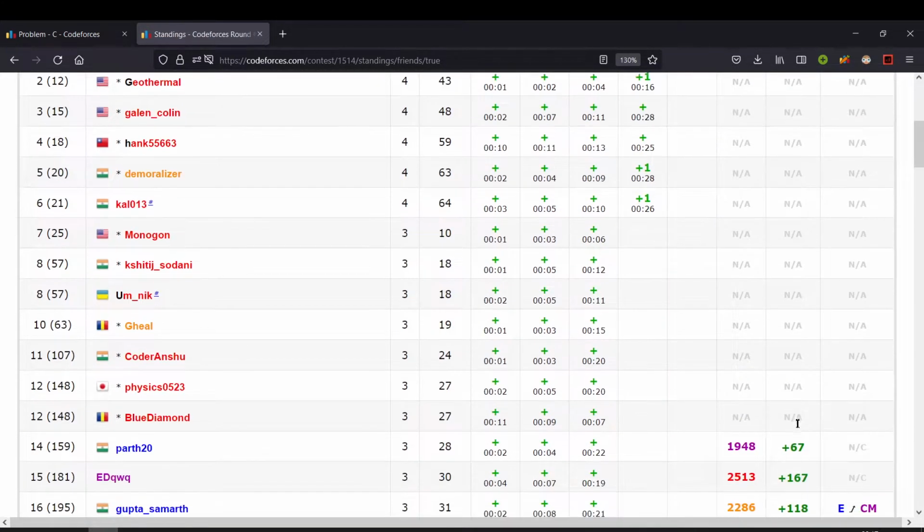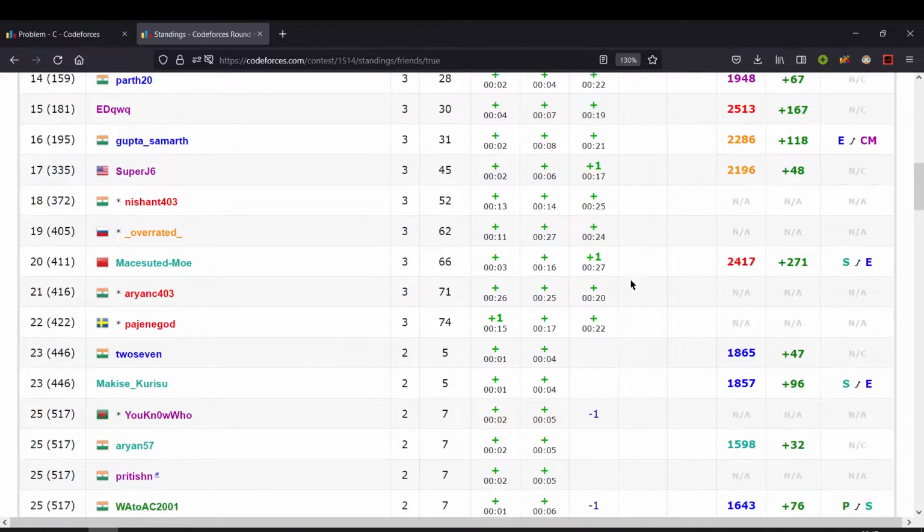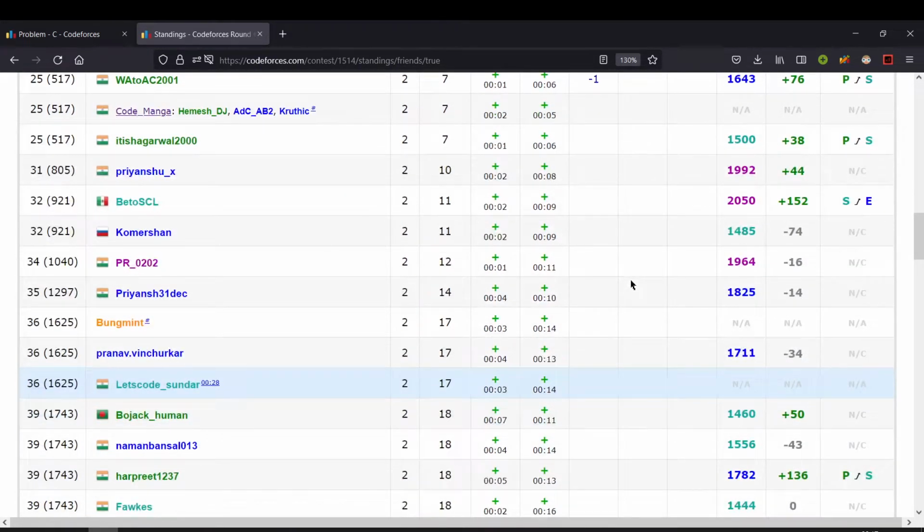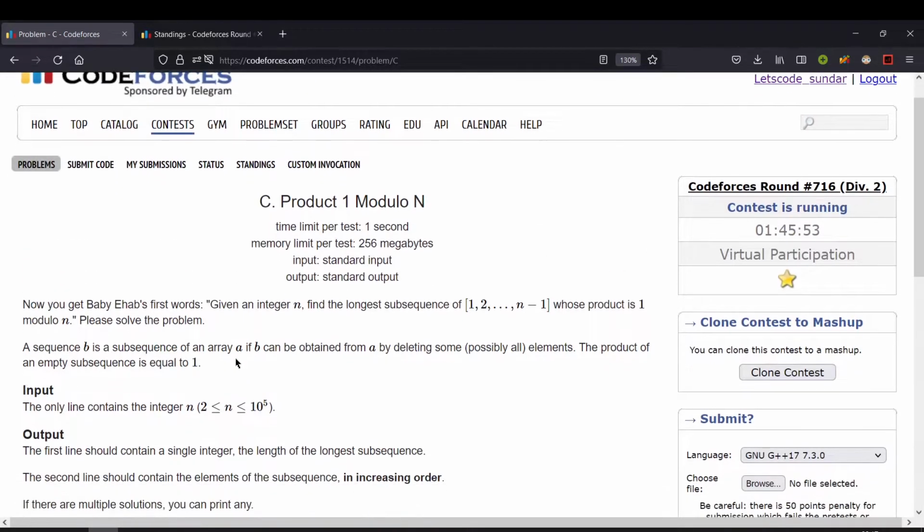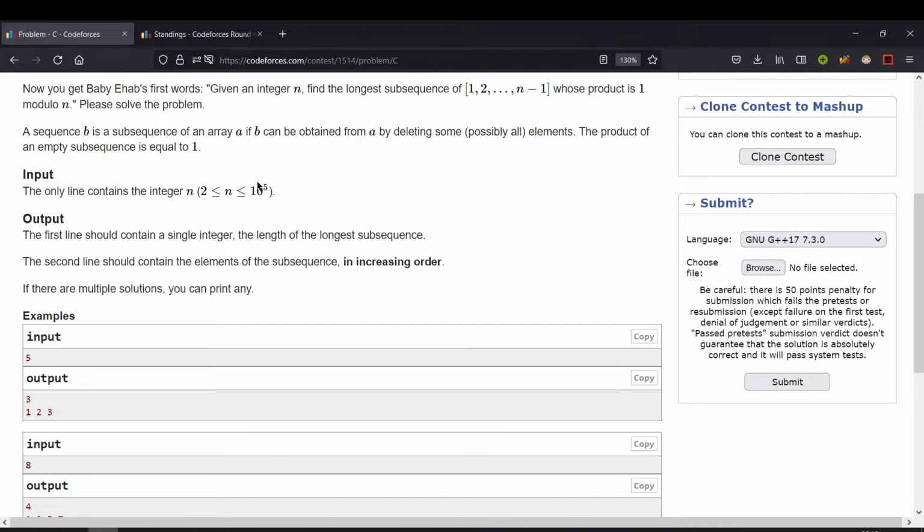Oh boy. Okay. The product values are not there. Okay, so 10 to the power 5.